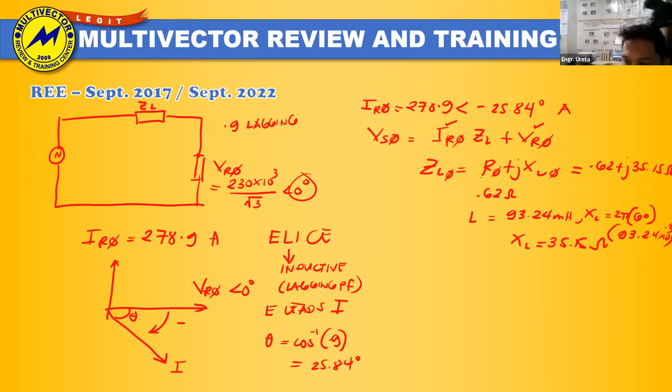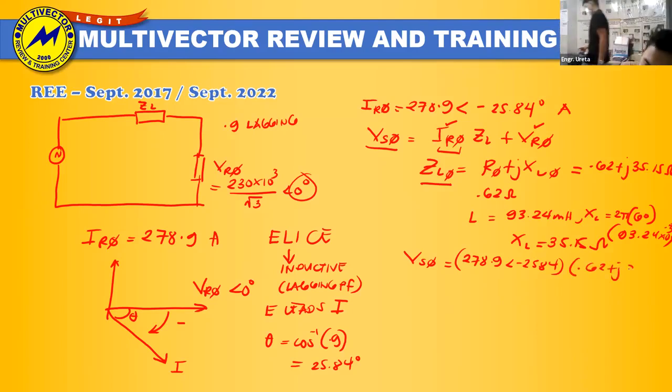Okay, meron na tayo nito. Hanapin na natin tong sending end voltage per phase natin. The sending end voltage is just the current ng receiving per phase natin times ZL. Our ZL is 0.62 plus j35.15 plus the receiving voltage.